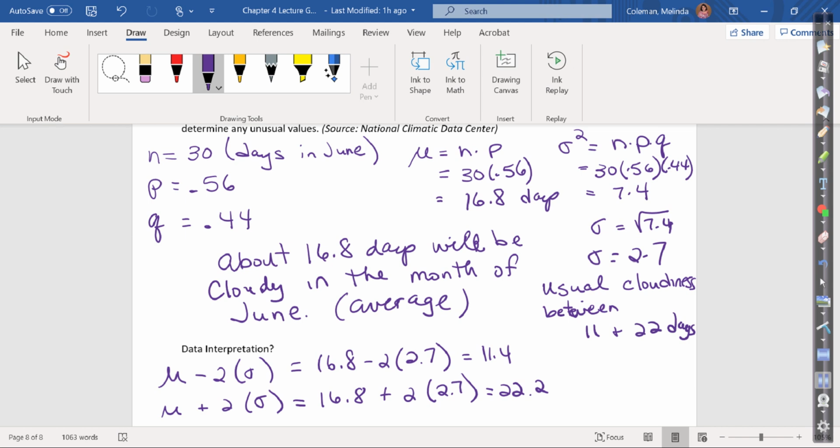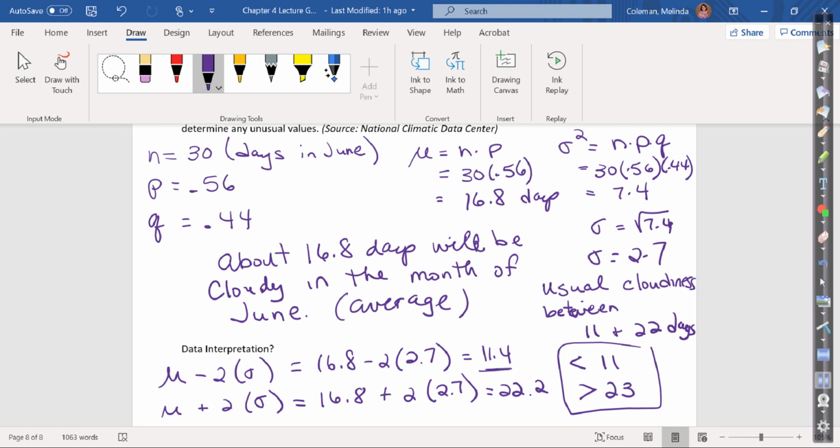So anything outside of this, less than 11 or greater than 23, if you want to keep it in whole days, would be unusual.